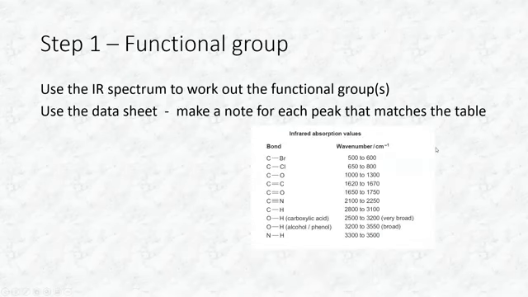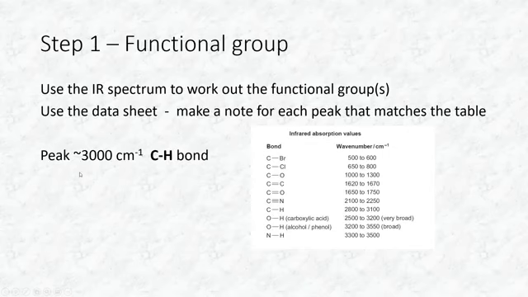So what have we got? Well, we had, if you remember, a peak at 650 and a peak at about 3000. It's a sharp peak. So that peak at 3000 is the carbon to hydrogen bond, because that falls in this range. Now there is another bond type that falls in that range as well, about 3000, one that falls between 2500 and 3200.